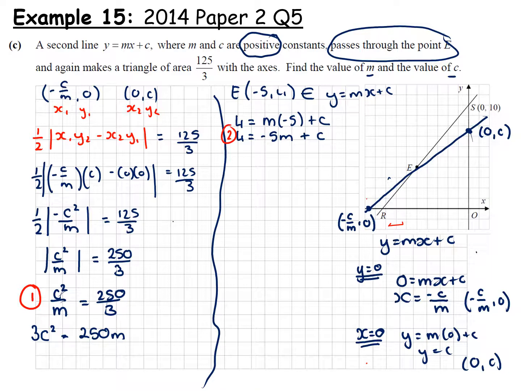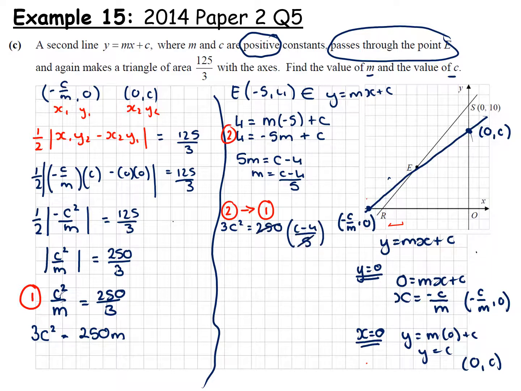It depends if you like squaring or not. I would prefer not to square if I could. So 5m is c minus 4. M is equal to c minus 4 over 5. So I'm going to sub that in. Okay, so I'm going to sub 2 into 1. So 3c squared is equal to 250 times c minus 4 over 5.